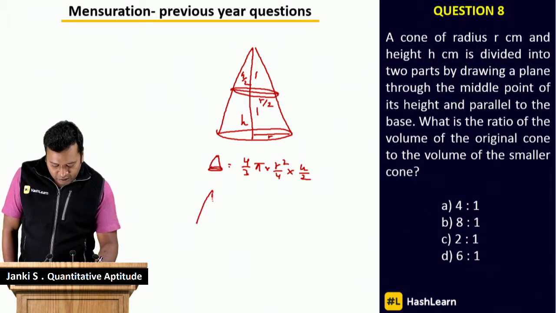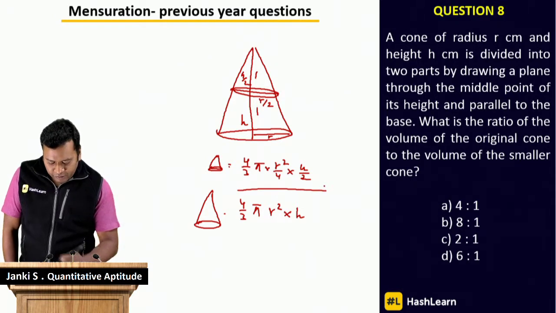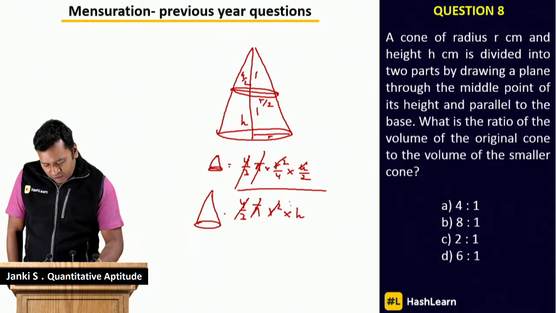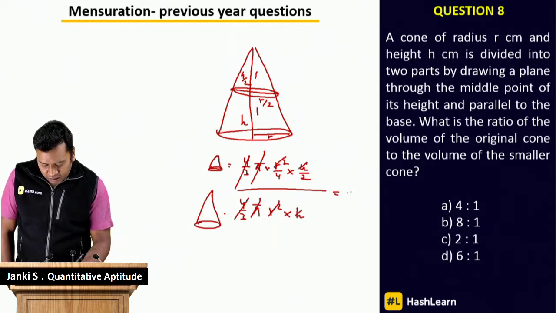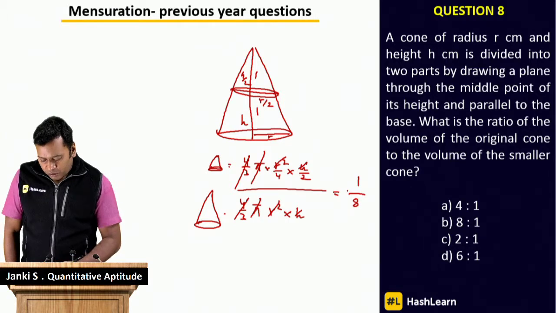And the bigger one, let's consider, is nothing but 1 by 3 pi r square into h will be the value, right? Now if we take the ratio between them, 1 by 3 is cancelled, pi is cancelled, r square is cancelled, h is cancelled, remaining is nothing but 1 by 8. That means the original cone and this one is in the ratio of 8:1.